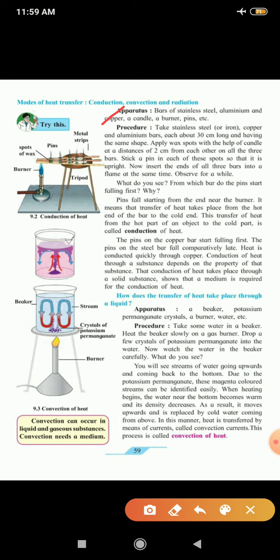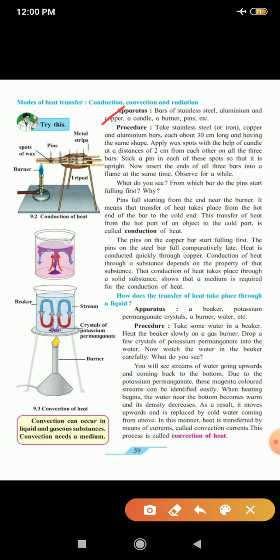You can see in the picture the three bars over there. Apply wax spots with the help of a candle at a distance of about 2 centimeters from each other on all the three bars. Stick a pin in each of these spots so that it is upright, that is, straight. Now insert the ends of all the three bars into the flame at the same time and observe for a while.